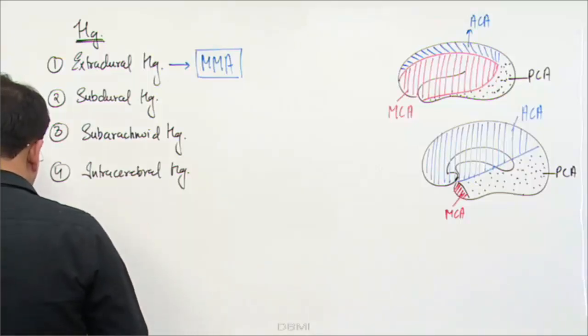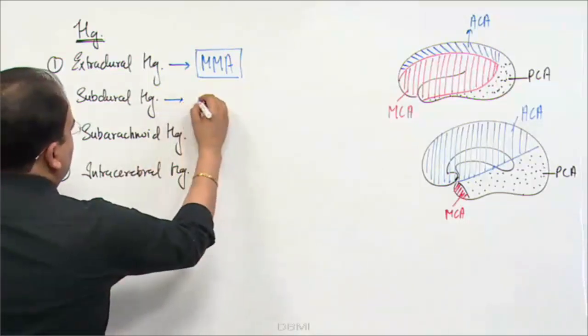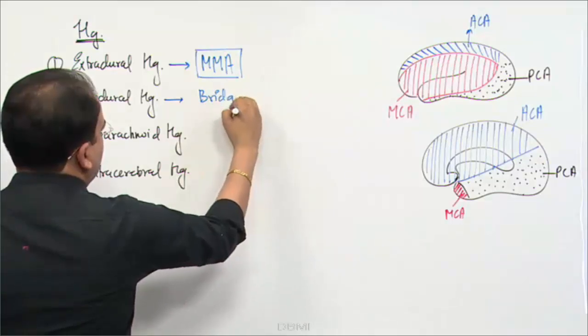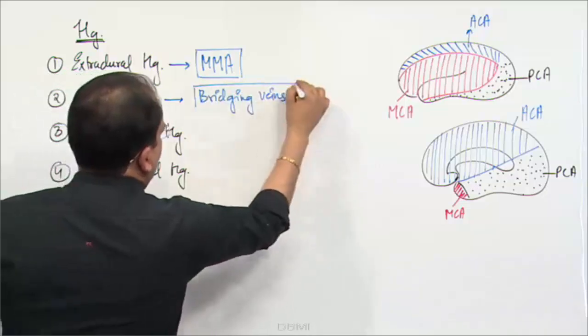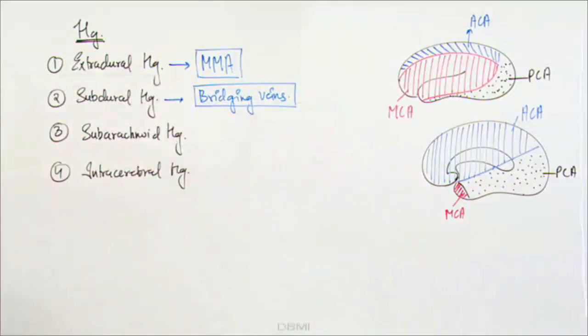Subdural hemorrhage is because of involvement of bridging veins, the veins which connect to the dural venous sinuses. Bridging veins are usually involved in subdural hemorrhages.